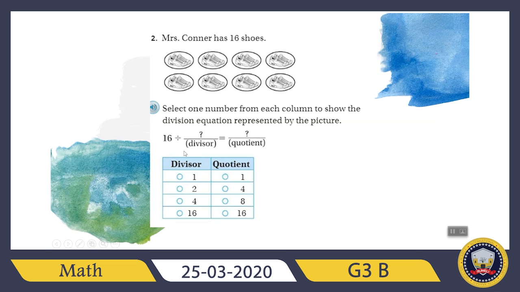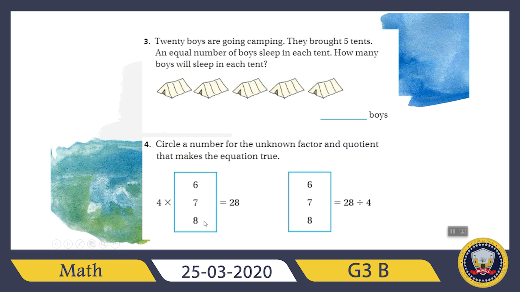Each pair is 2, so you can have 2 as your divisor and your quotient becomes 8. Why? Because there are 16 shoes and each pair is 2. So 16 divided by 2. How many pairs? It's 8 pairs. So our divisor is 2 and our quotient is 8. Next question.